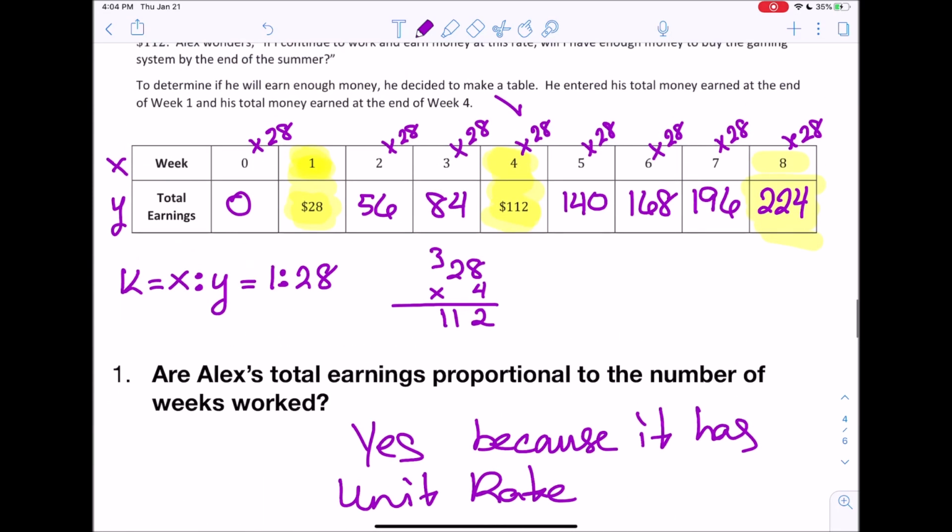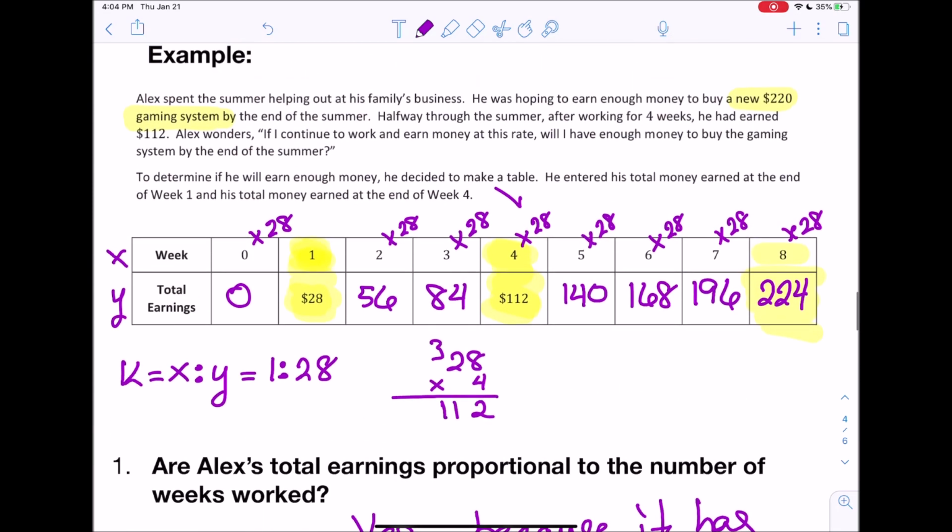And that's what unit rates are kind of all about. We want to figure out what unit rates are so that once we know what the ratio is, we can make future calculations, right? If we know how many dollars we're going to get paid for 1 week, then it doesn't matter how many weeks you want to calculate it out to, you can figure out how much money you're actually going to make.